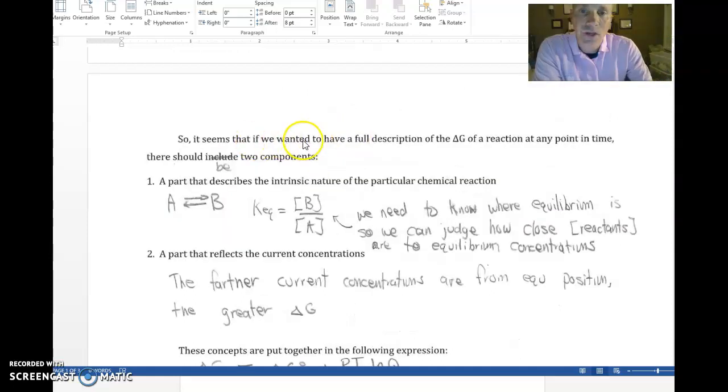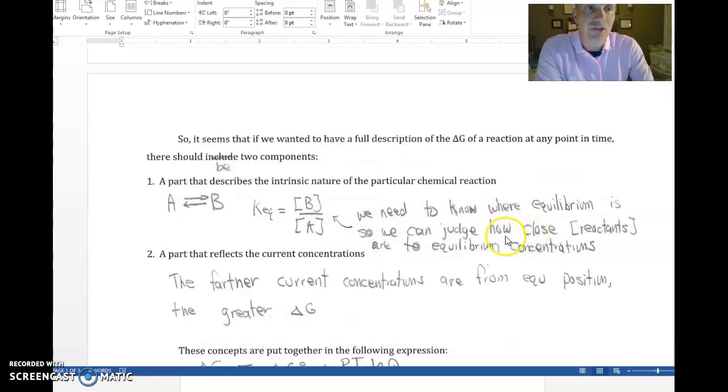So if we wanted a full description of the delta G for a reaction at any given point in time, there's actually two parts to it. There's a part that describes the intrinsic nature of a particular chemical reaction. For example, if we have an equilibrium reaction and an equilibrium expression, we need to know where that equilibrium is so that we can judge how close we currently are to it.